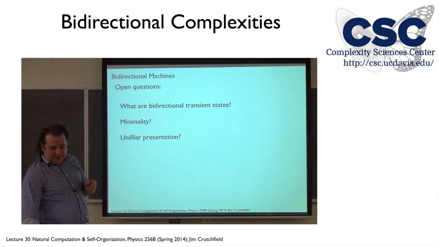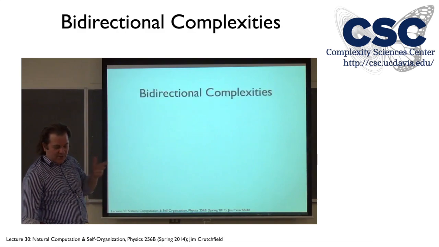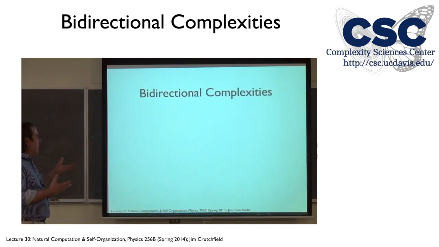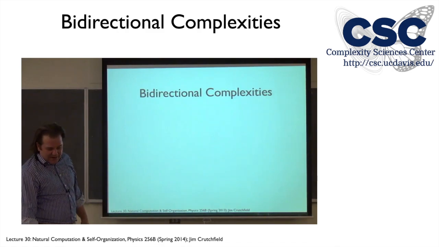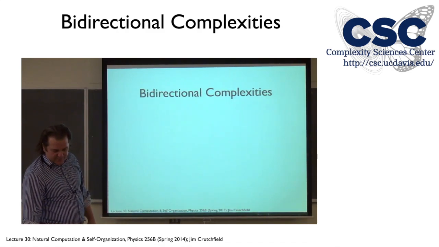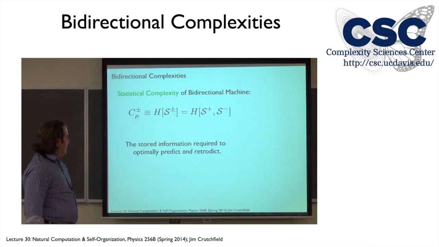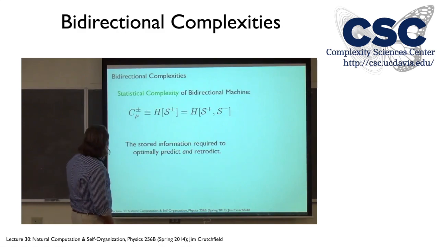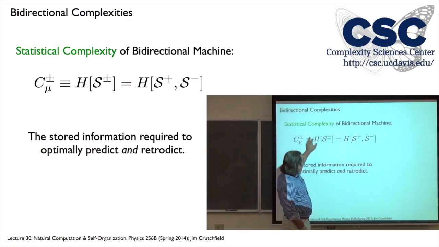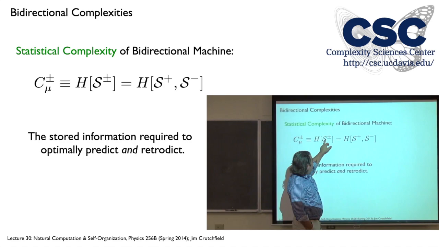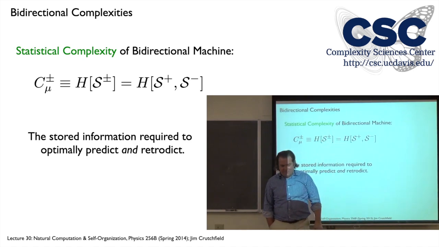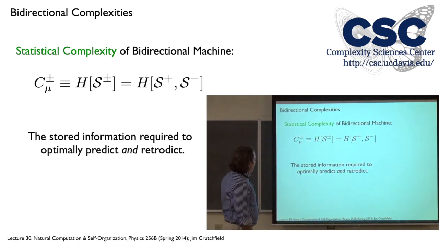Now, let's quickly talk about some of the consequences, or some ways of capturing, explaining or measuring what the bidirectional machine captures. We can go ahead and talk about the Shannon information in the forward and reverse states.